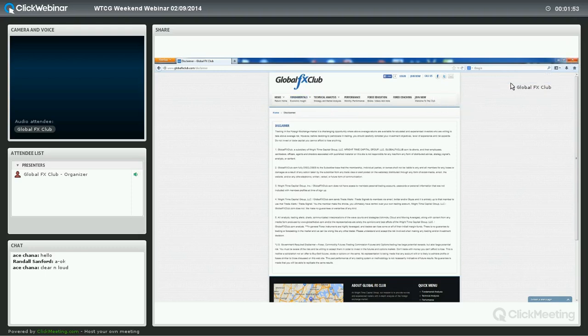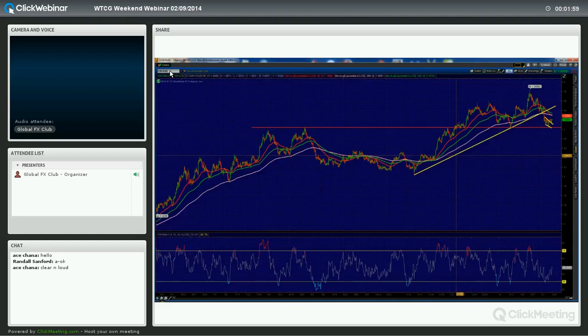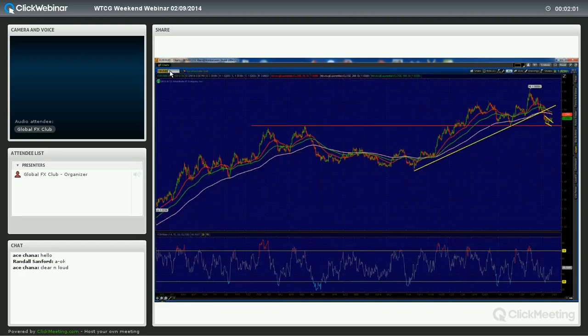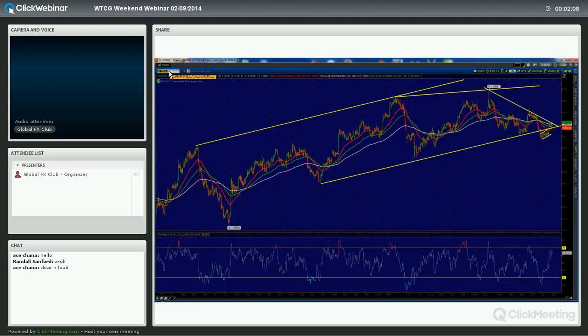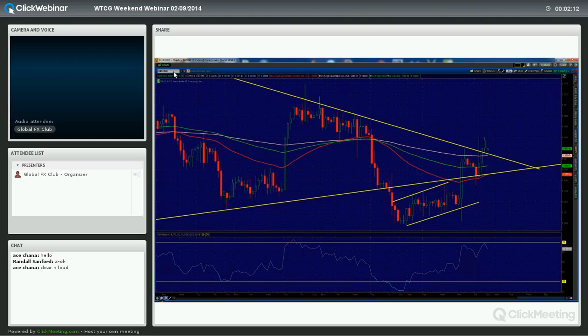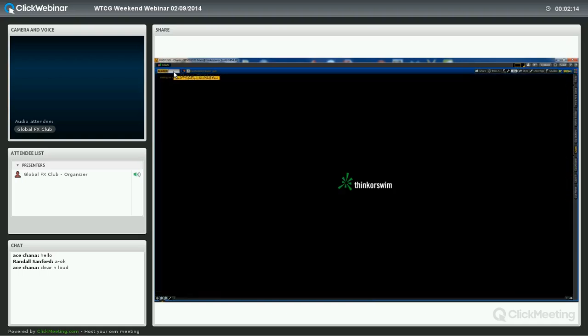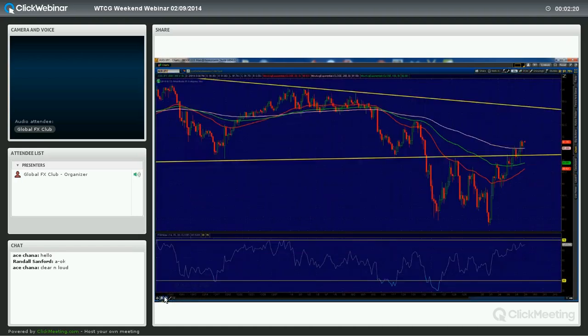Let's start. I actually haven't had a chance to see if we have any major gaps. I'm going to run through that real quick. It doesn't really look like we do. Euro looks like it gapped down a little bit. Aussie gapped down a little bit. Aussie yen gapped up slightly, but has already pretty much filled it.